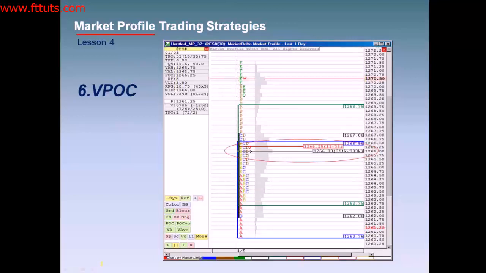The price POC was based on the value area based on price. Now, let's take a look at the volume POC, and the volume POC is, in fact, different from the price POC. The volume POC is the 1266 number that we see here, and the black line identifies that for us.